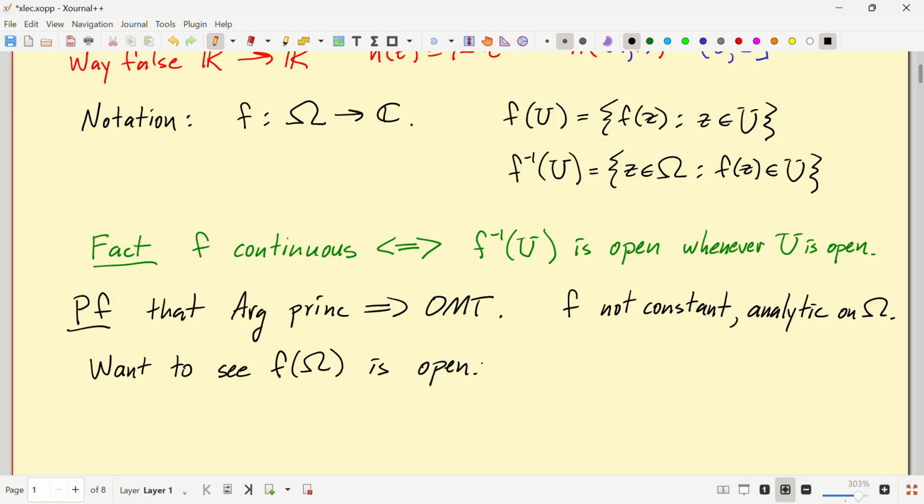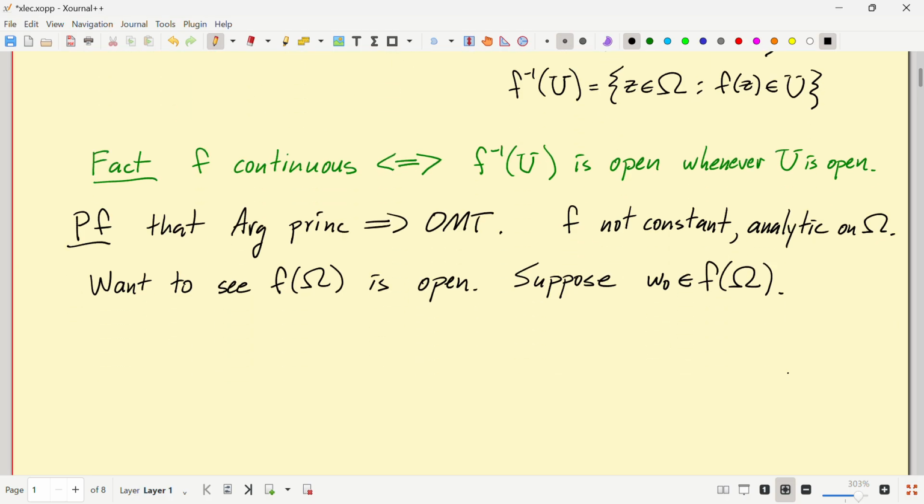Okay, so suppose w naught is a point in that image, f of omega. Well, so it's in f of omega. Then that means there exists a z naught in omega. This is just by definition of that symbol, with f of z naught equal to w naught.